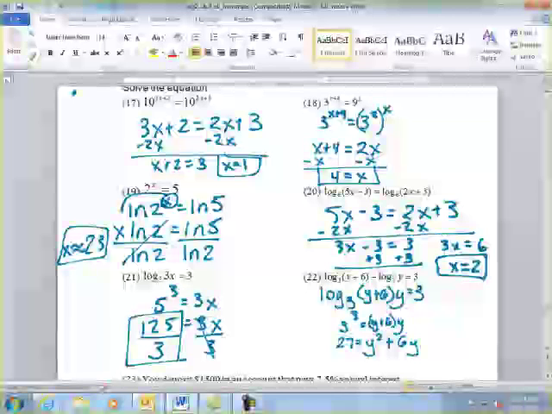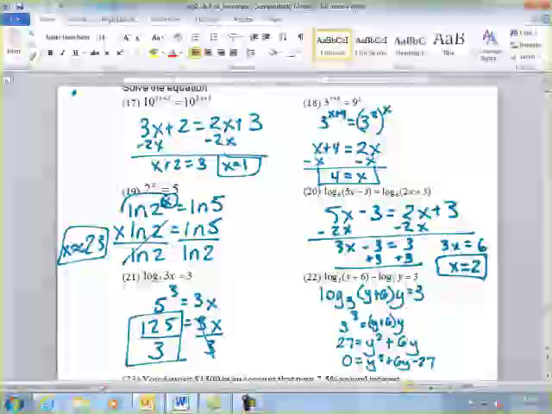Y squared plus 6y when we distribute, which makes this into a quadratic equation. So we are going to subtract that 27 over to get everything on one side. You could solve here with your quadratic formula if you like that, or by factoring.